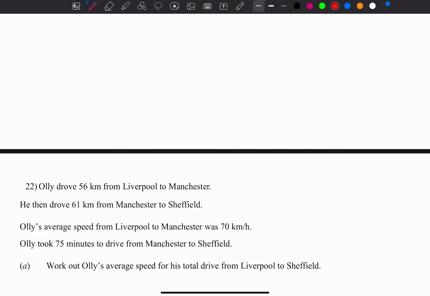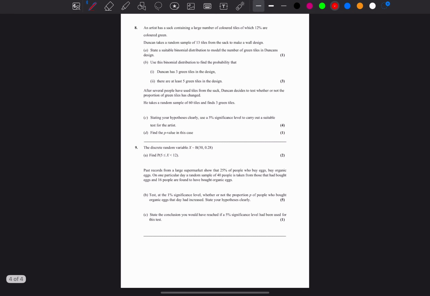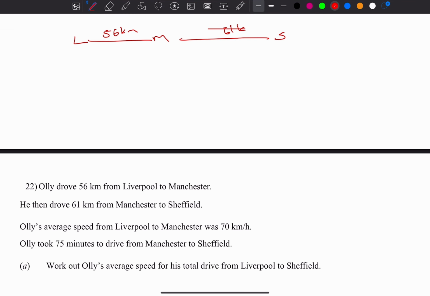Liverpool to Manchester, 56 kilometers. And then she drove from Manchester to Sheffield. How far is that? That is 61 kilometers. Got it.